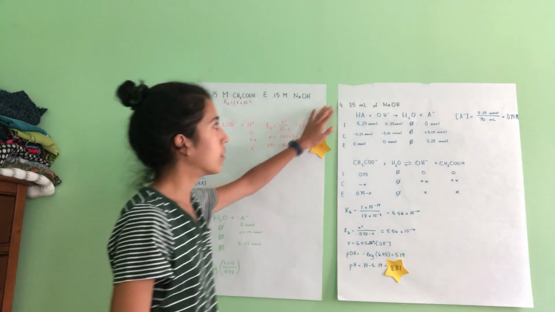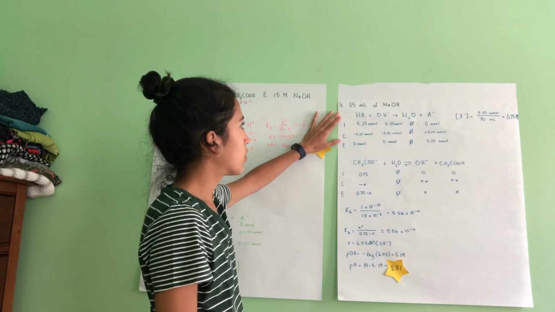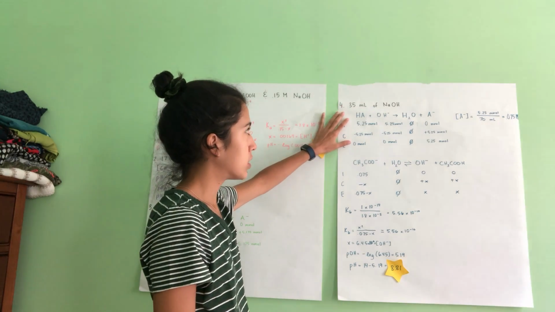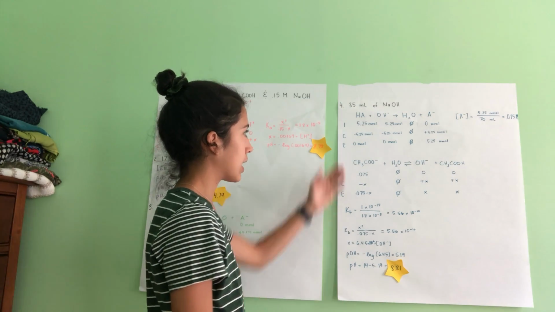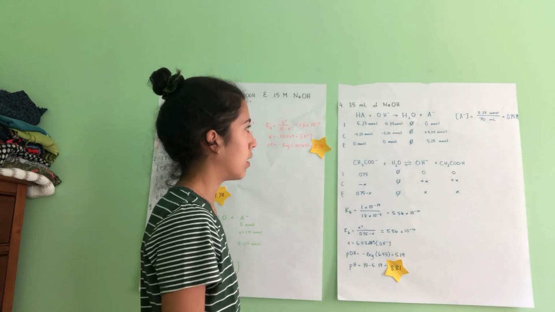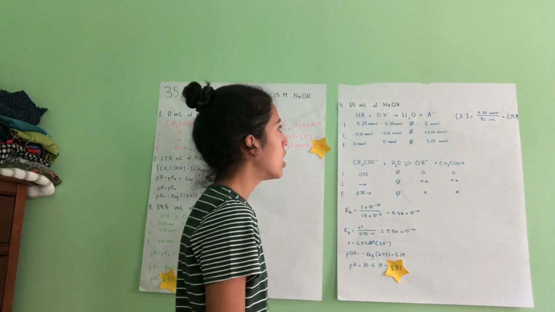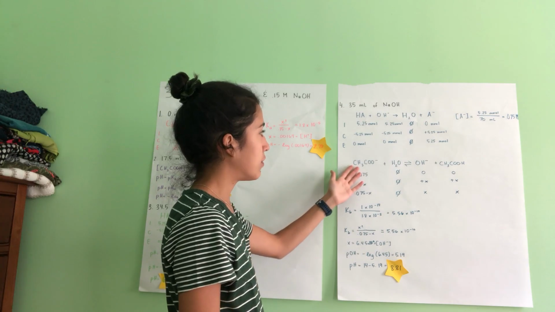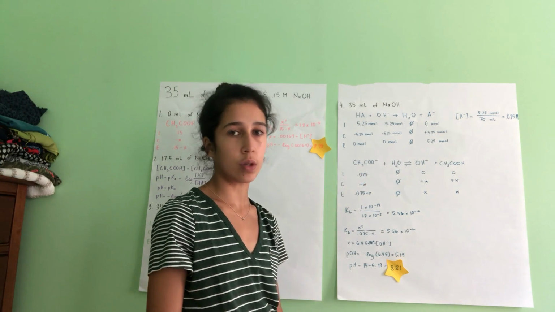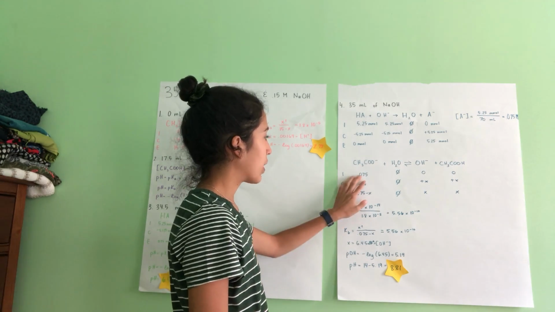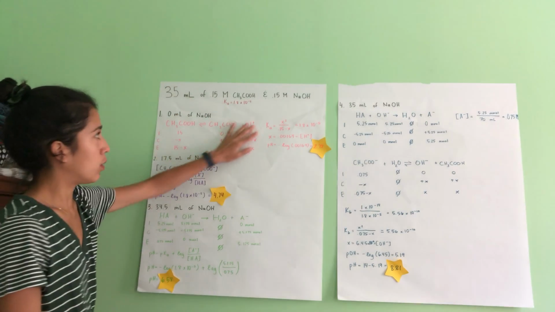Our last step, question number 4, is 35 milliliters of base. So at this point, all of our acetic acid has been formed into its conjugate base. And we're going to have to use the conjugate base, which also dissociates. And we're going to have to use basically something like we did over here.